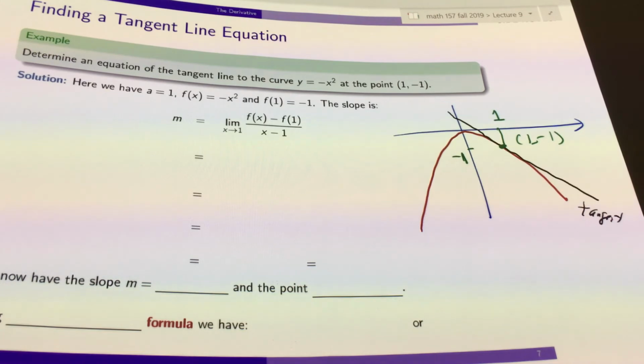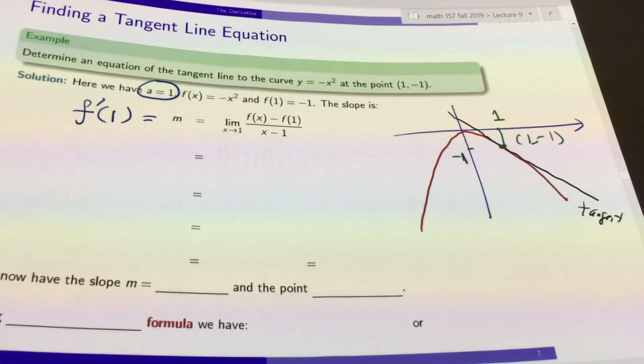Now, because the function is given explicitly, I can use algebra to find the slope of the tangent, which is the derivative. Because I'm computing at a particular point, a equals 1, this slope is in fact my f prime of 1.